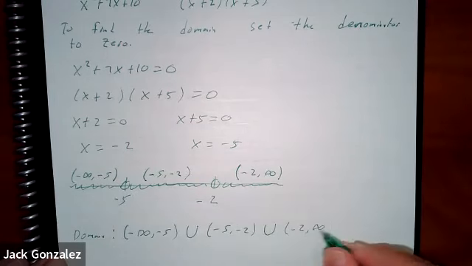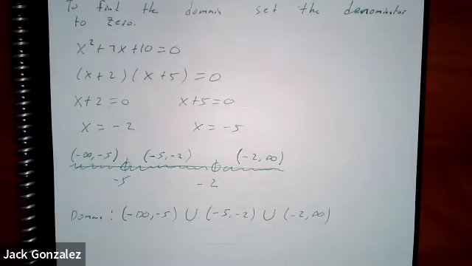So if you graph it, it's a little more obvious. If you graph it, you'll see on the calculator that everything is covered except those two numbers being skipped.